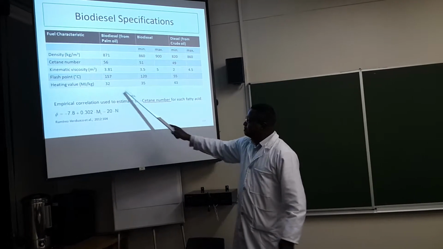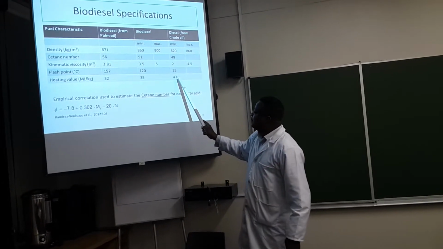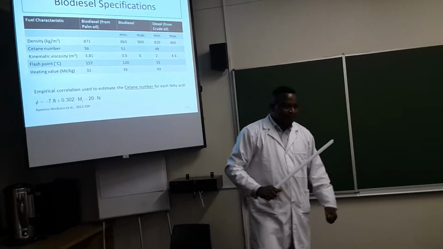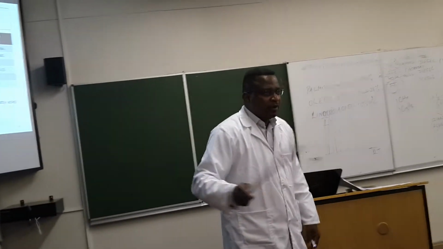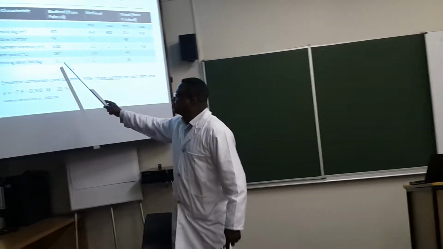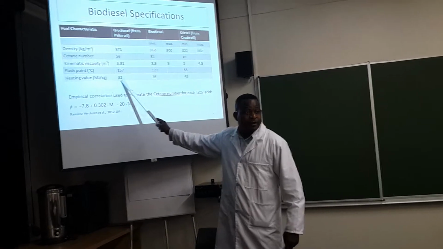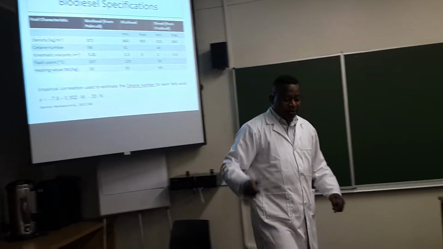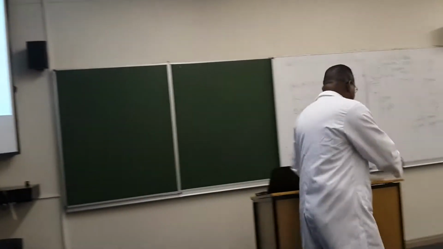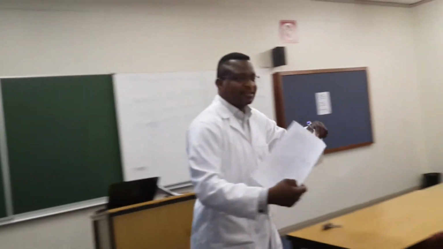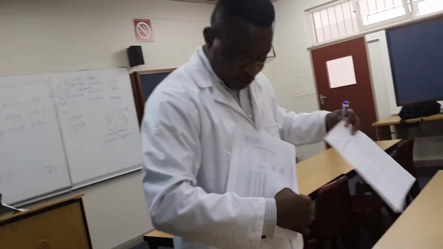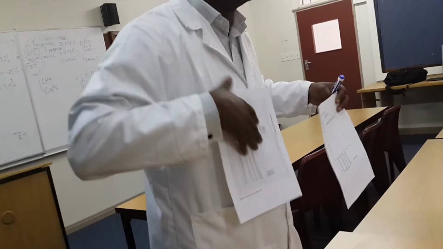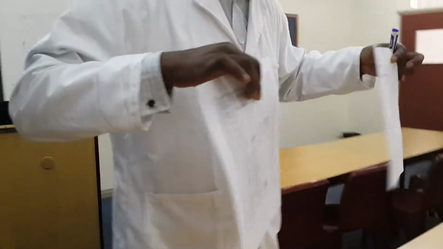And the heating value is 32, and here it's 40, 43. Eventually, if this could be improved, it can get higher. Because if you compare the GC traces that they did last year, you will see that they got a lot of impurities compared to what they are doing now. Definitely, it will improve a lot of parameters.